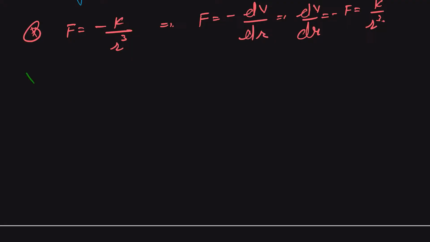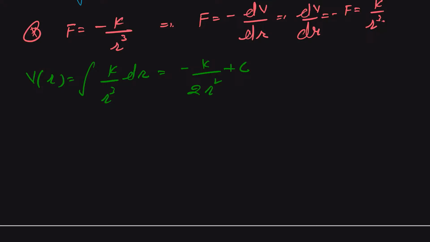V of r will be equal to the integration of k upon r cube dr, which comes as minus k upon 2r square plus c.